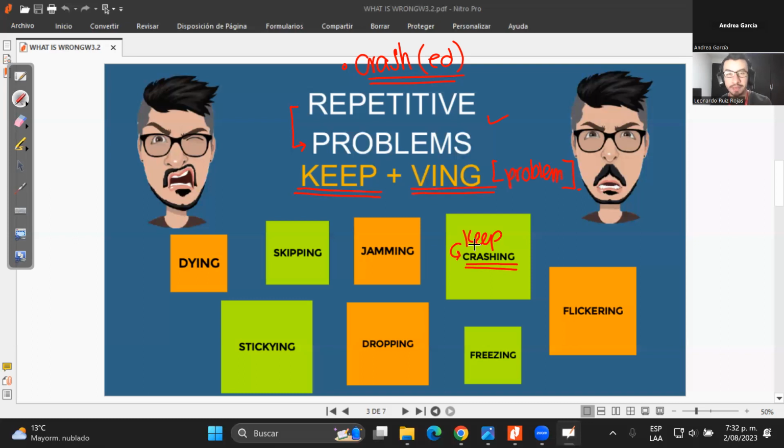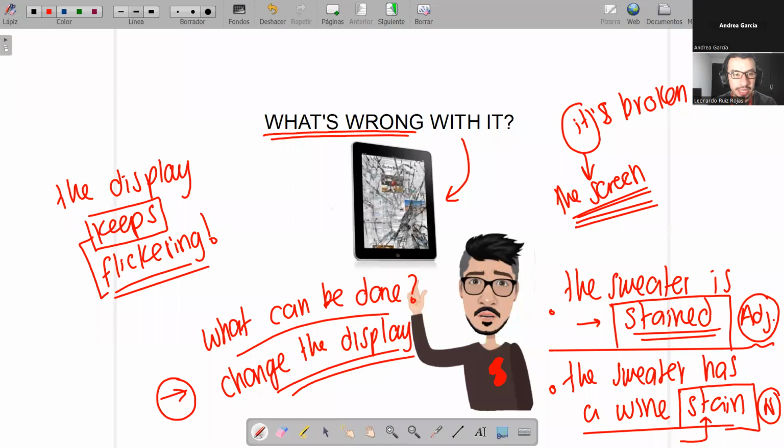Yes, it dies, right? In the same way, I have other options. For example, something keeps dying, something keeps skipping, something keeps jamming, something keeps sticking, something keeps dropping, something keeps freezing, something keeps flickering. As we said before, the display of the iPad keeps flickering.